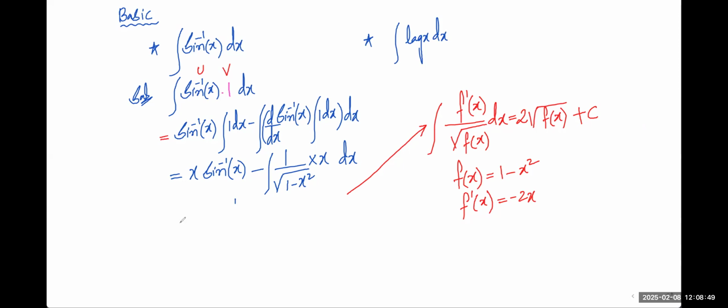This is x sine inverse of x. The same step I am writing here. The by parts rule is working, right?